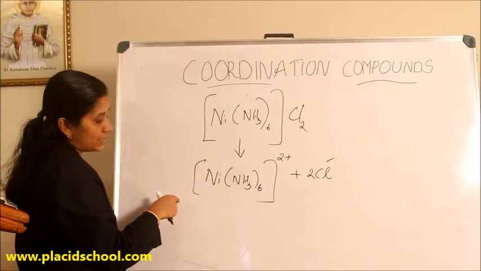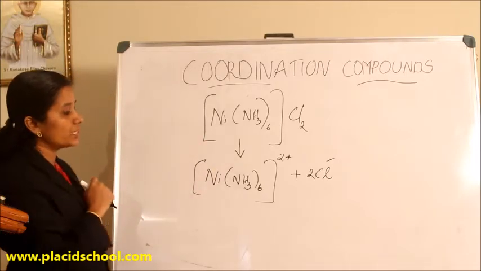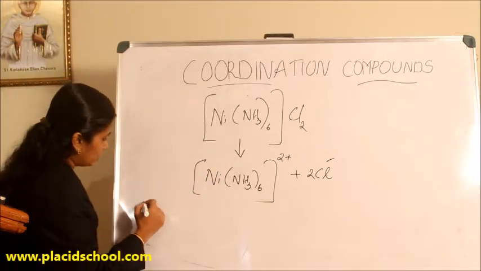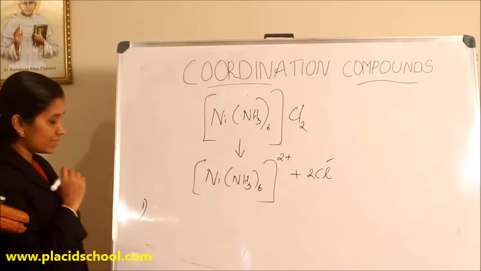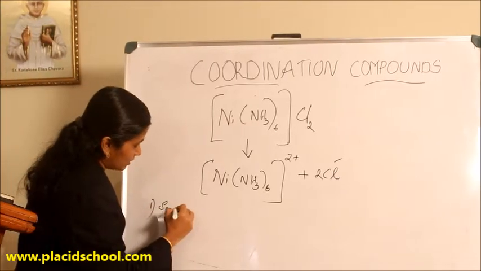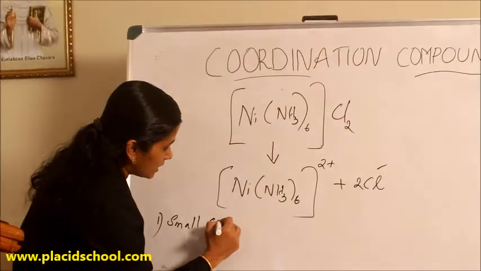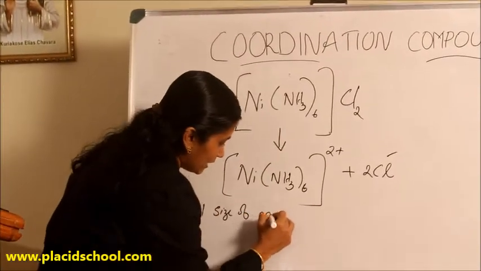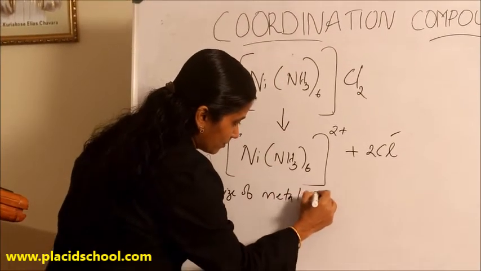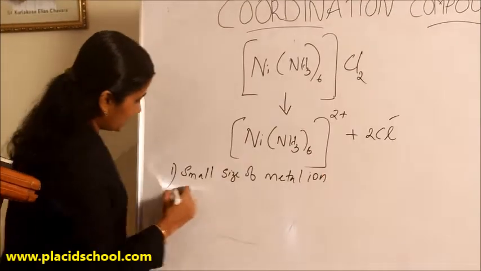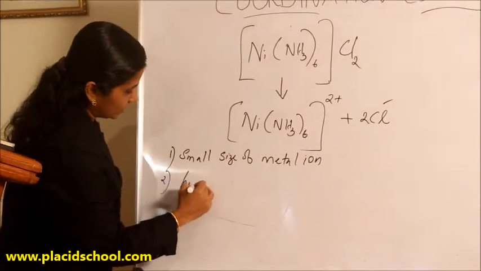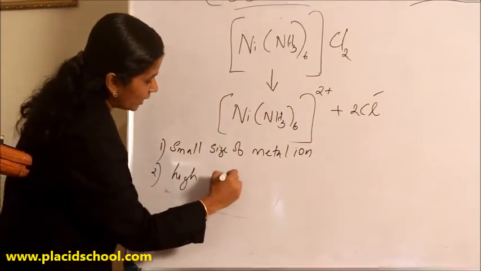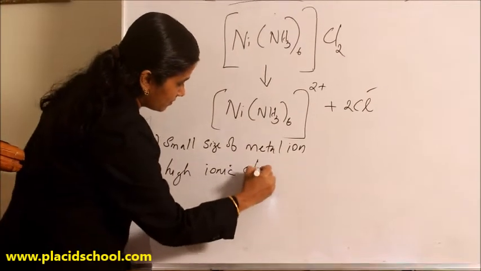The transition metals form a large number of coordination compounds because of the first reason, smaller size of metal ion. Second one, high ionic charge.